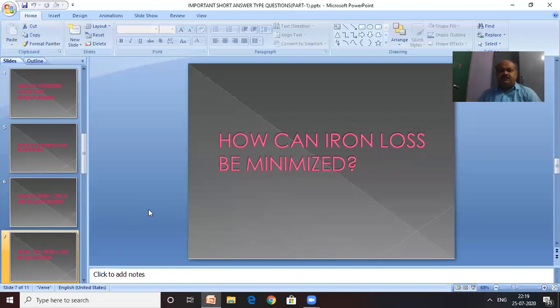This loss can be minimized by laminating the core. As you know, lamination of the core reduces the resistance by a very large amount, and this loss is minimized to a large extent.